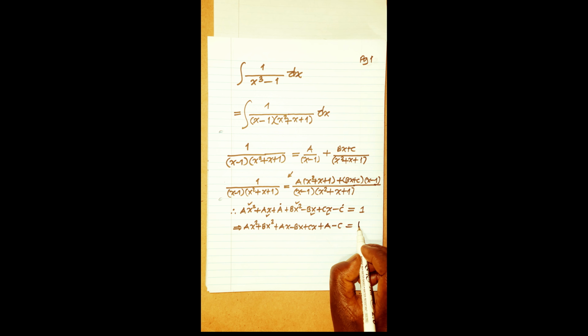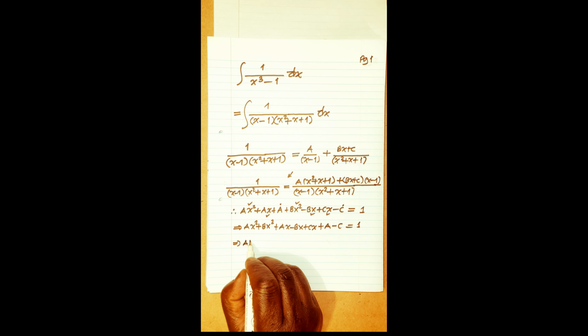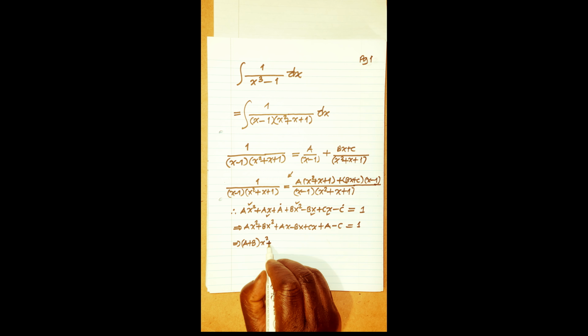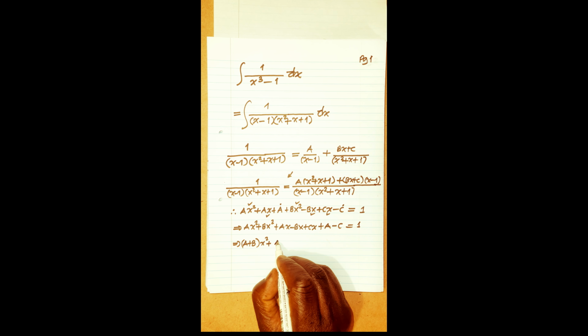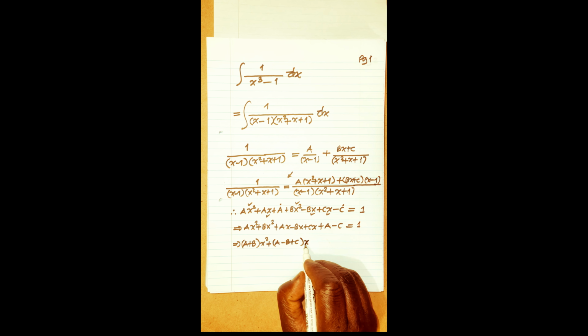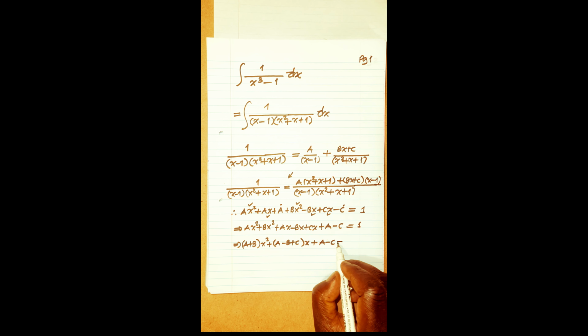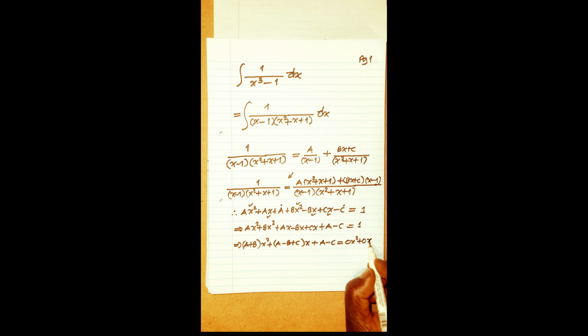The answer is 1. Now I'm going to have to factorize on the left hand side. So what do we have now? We have a plus b times x squared plus a minus b plus c times x, and then plus the constant terms a minus c. The answer is, watch how I'm going to write 1. I'm going to write it as 0x squared plus 0x plus 1.